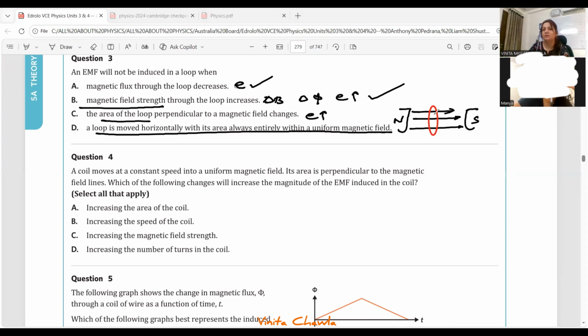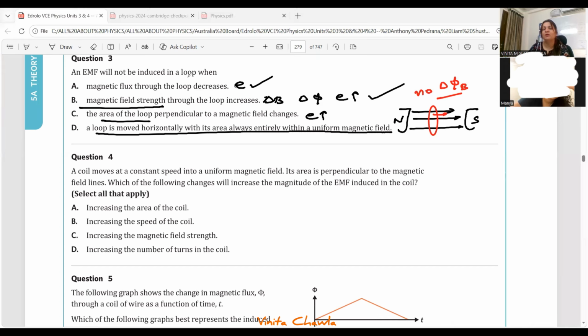Means I'm moving the coil like this, parallel to its original position. Or we can say we are moving the magnet like this. Then in that case, you can see the field lines remain constant. There is no change in the field lines, and because there is no change in the field lines, hence no magnetic flux change, right? No EMF will be induced.